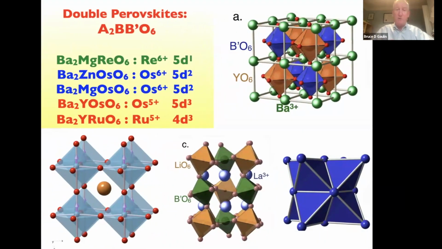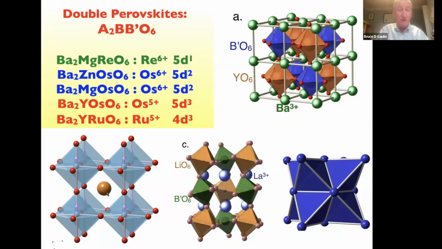You probably know that perovskites are a very large class of materials, and double perovskites are also a very large class of materials. The perovskite structure is shown here in the bottom left panel, and perovskites have a composition of ABO3.